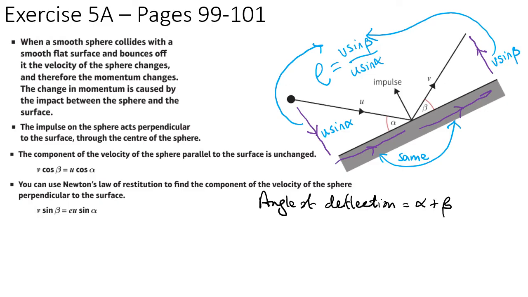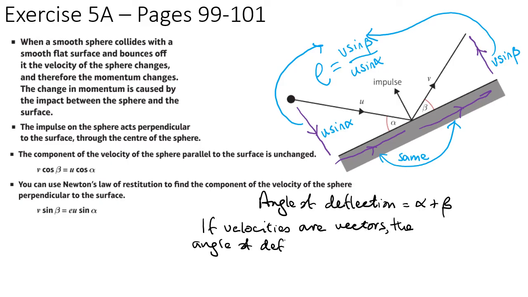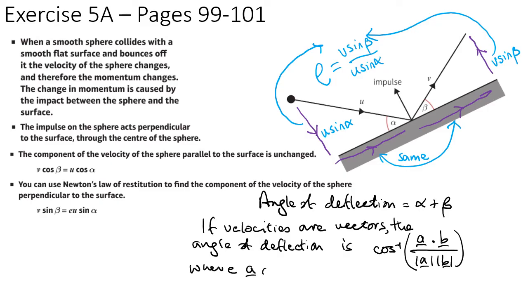And if the velocities are given as vectors, then the angle of deflection will be the cos inverse of a dot b over the length of a times the length of b, where vectors a and b are the given velocities.